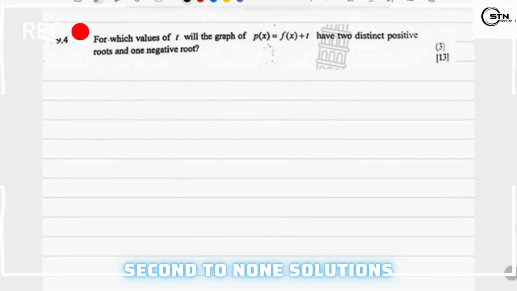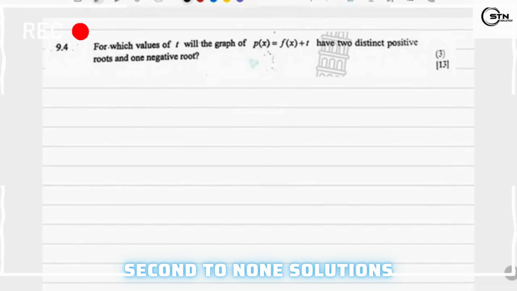Okay, 9.4 says, for which values of t will the graph of p of x is equal to f of x plus t have two distinct positive roots and one negative root? So this one, it's still graph interpretation, but it's more like graph manipulation, okay?